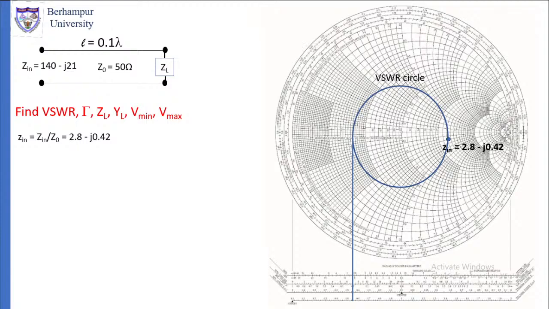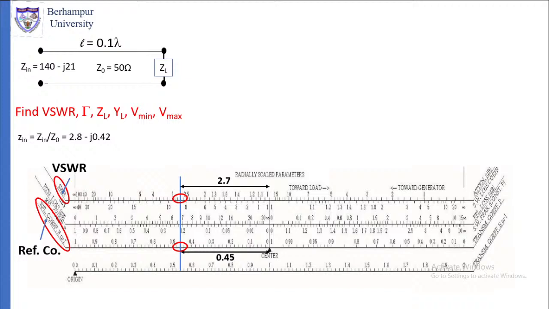Similarly, take the radius of this constant VSWR circle, the distance from the center point 1 to the circle, and put it on the gamma line. That radius length gives you the value of gamma. So these are the two ways in which you can find gamma and VSWR.